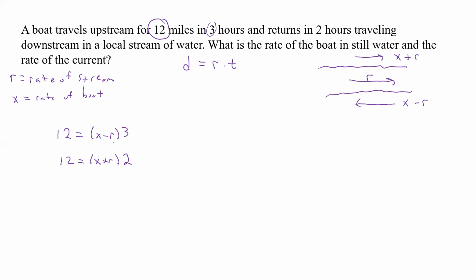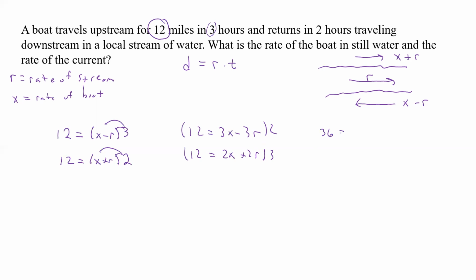Okay, now we need to simplify. We need to distribute here and here. So that gives us 12 equals 3x minus 3r, and here we get 12 equals 2x plus 2r. All right, so what can we do? Maybe let's multiply the top one by 2 and the bottom one by 3 and see what we get.